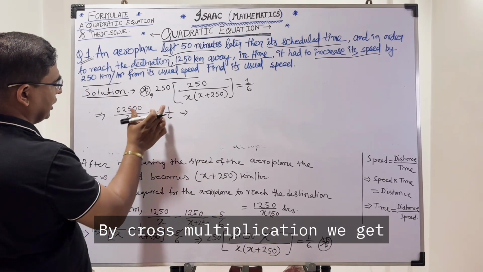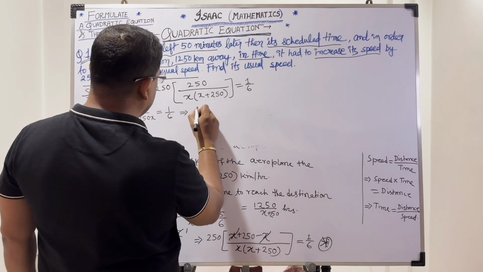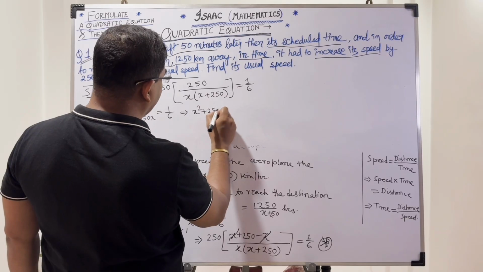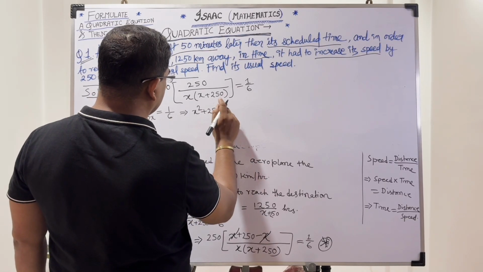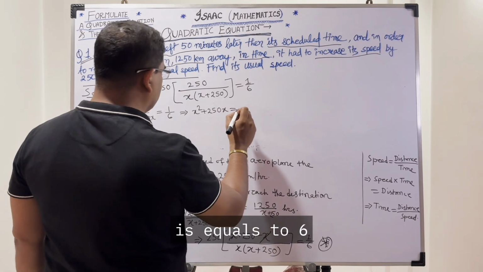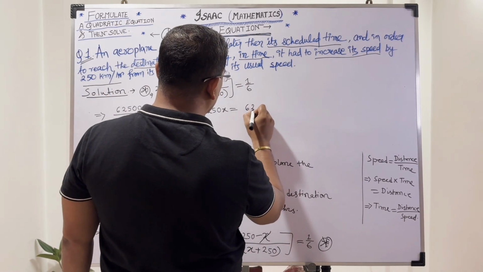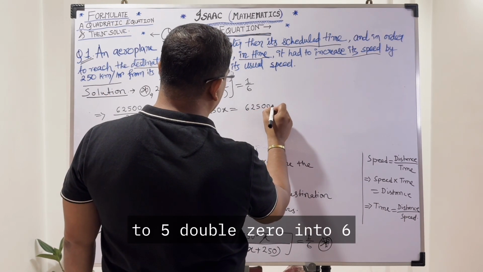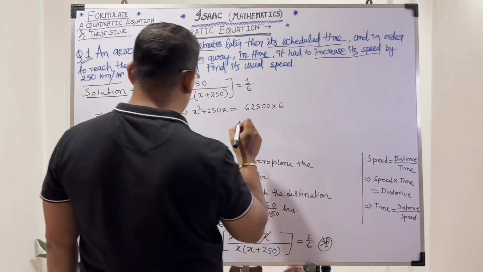By cross multiplication we get x square plus 250x is equals to 62500 into 6.